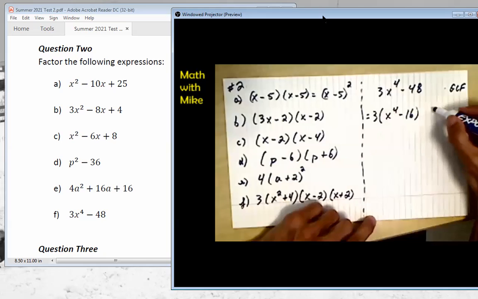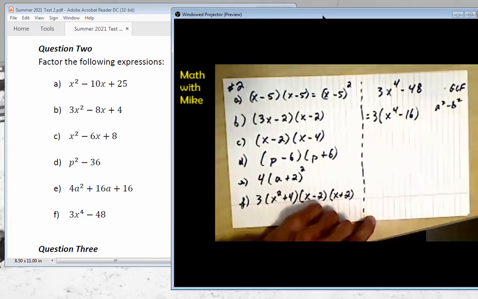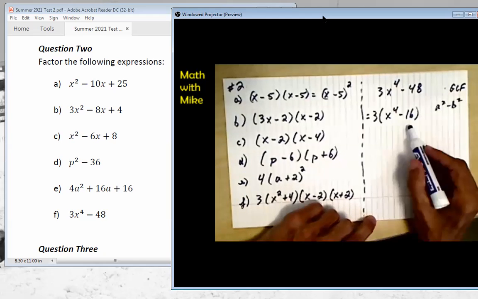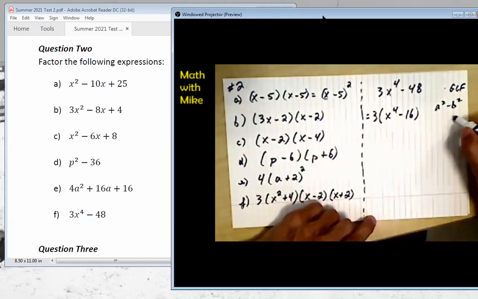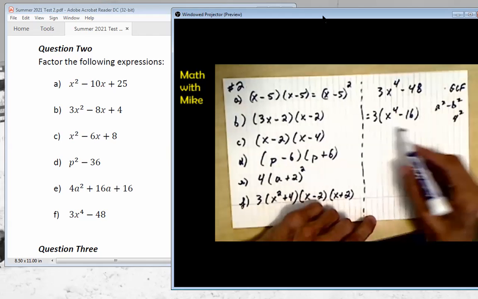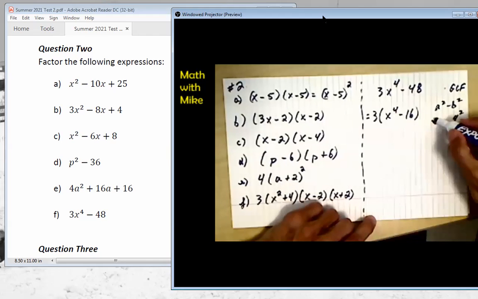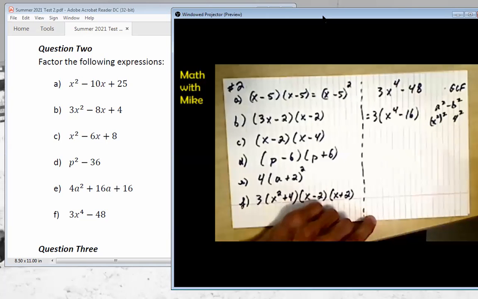It's like a squared minus b squared, because 16 is 4 times 4, and x to the power of 4 is like x squared to the power of 2, with a minus.